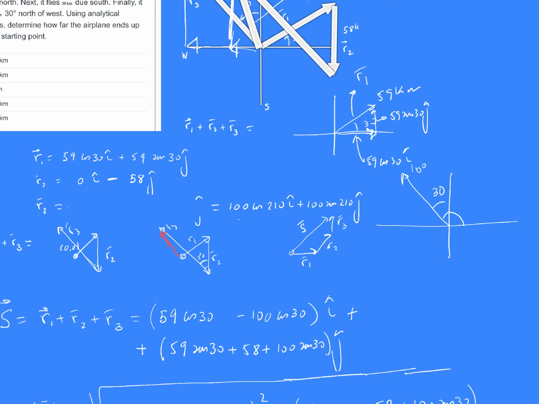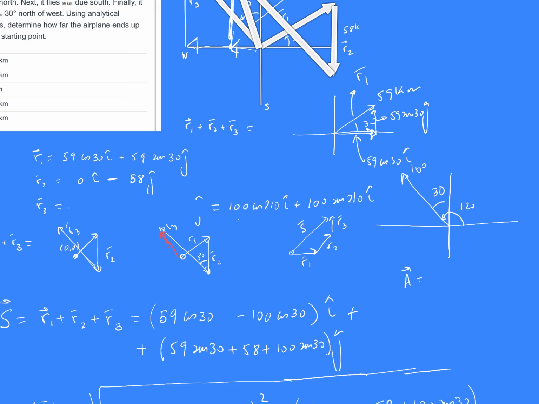So this angle is 90 plus 120, so it's 210. So this is the vector R3. So the vector R3 is 100 cosine of 210 in the i direction plus 100 sine of 210 in the j direction. This is the straightforward way to write a vector.